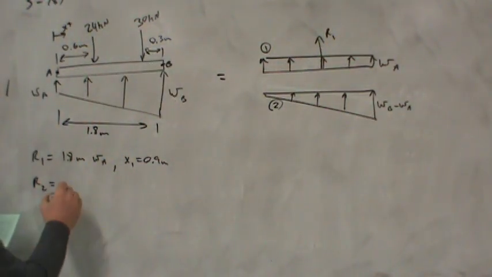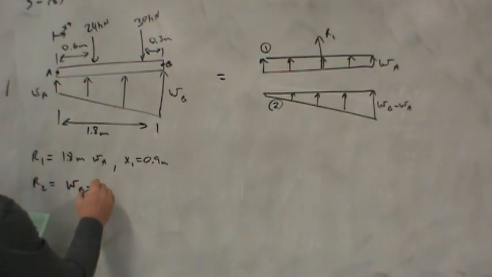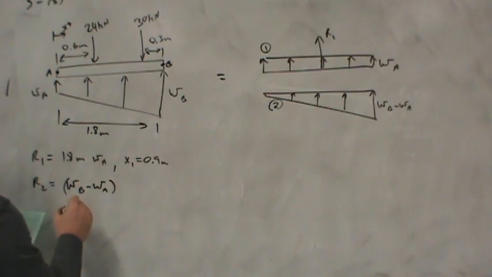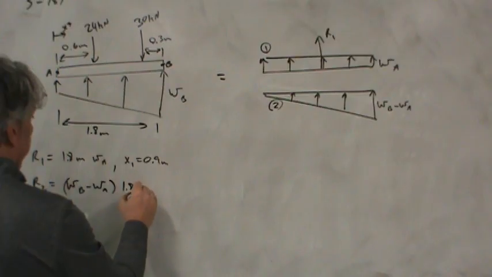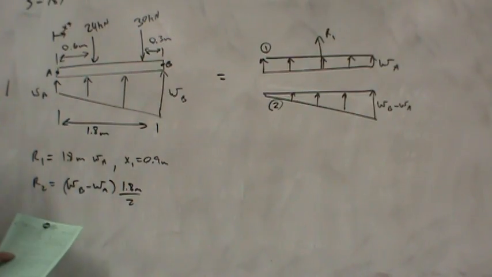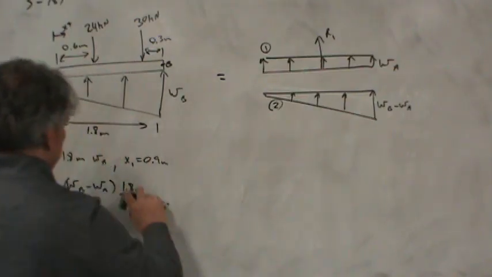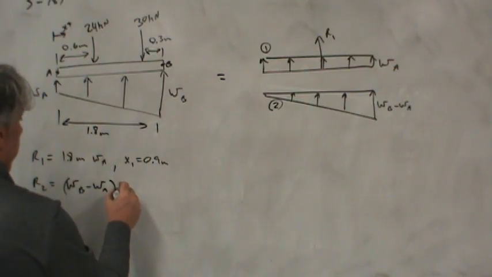R2, on the other hand, would be the area of that triangle, WB minus WA, that's the height of the triangle, times the base, 1.8 meters, divided by 2 because it's a triangle. So another way we could write that is 1.8 over 2 is 0.9 meters.